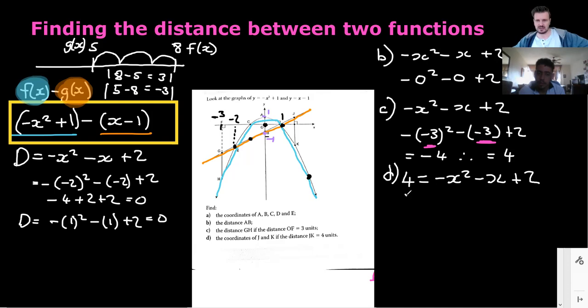Okay, so let's take the 4 across. We get 0 equals negative x squared minus x plus 2 minus 4, which gives negative x squared minus x minus 2. Now this is easier to deal with if we change the sign. Excellent, we'll just change it to plus.